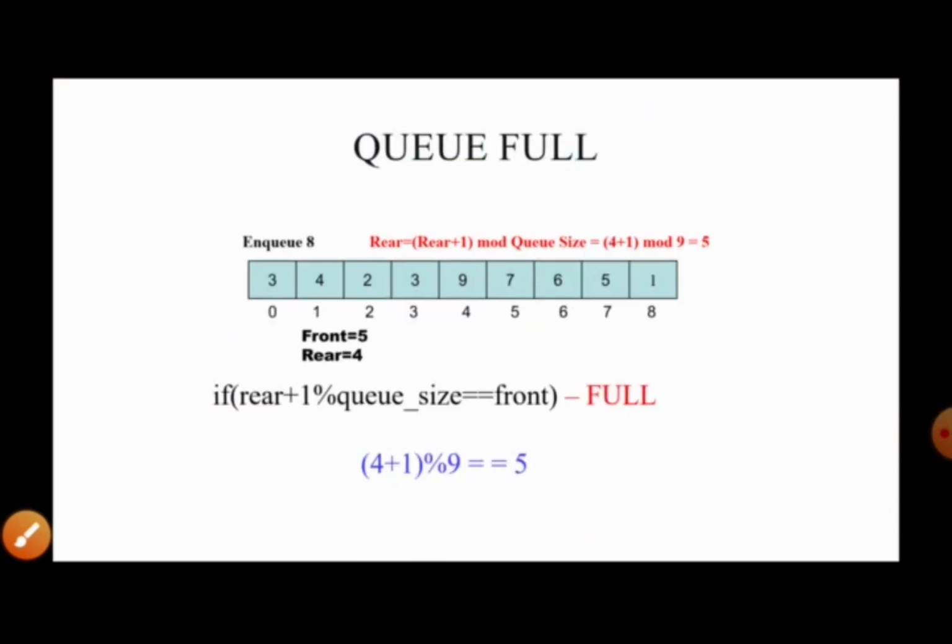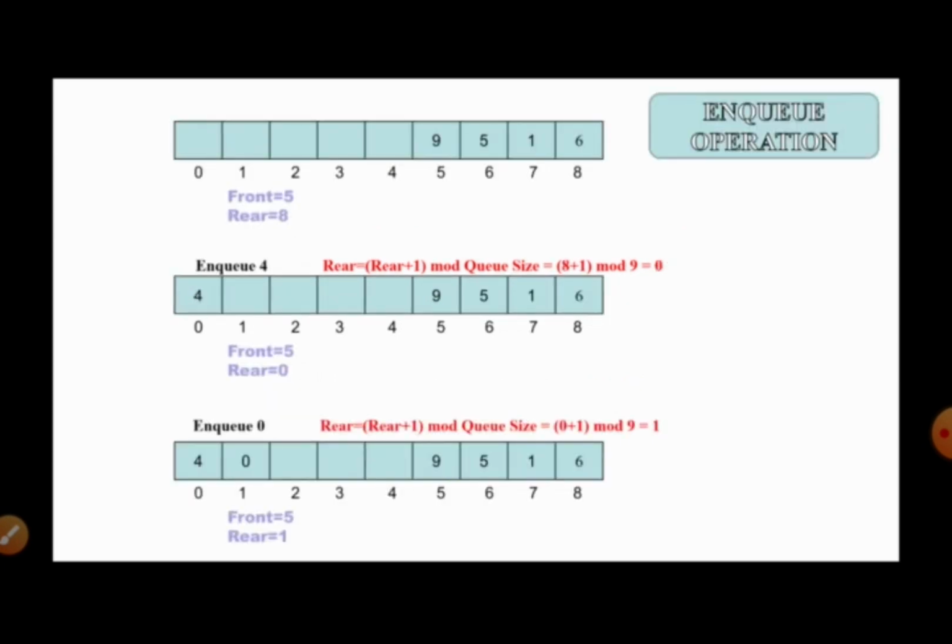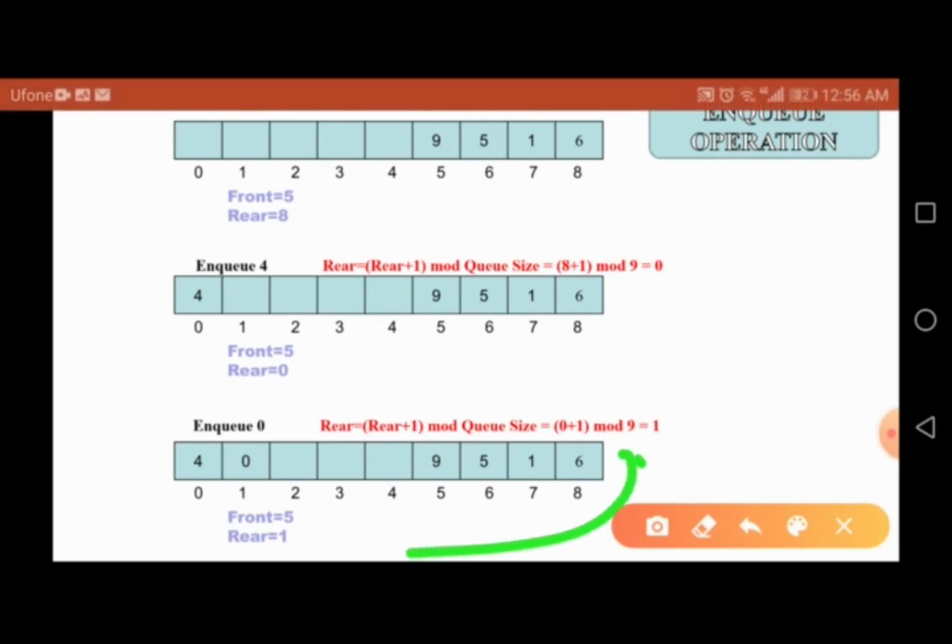So moving to our next operation, which is to check whether the queue is full or not. Now we can see that, as we know, the circular queue concept is to enter the values in a circle.